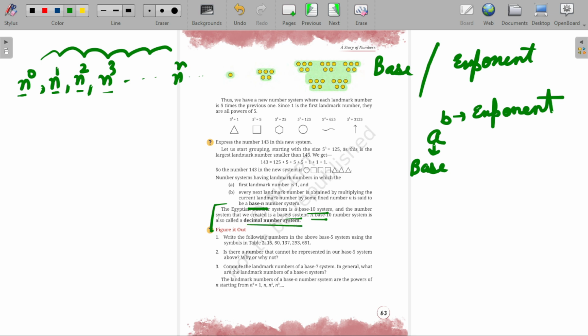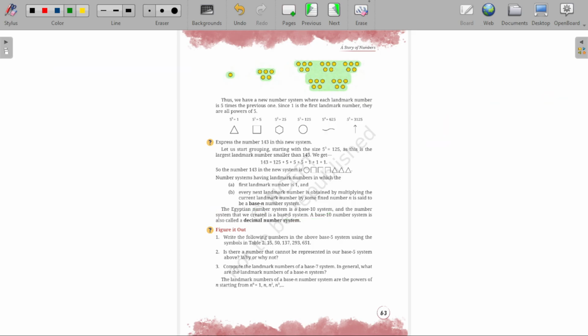Now heading towards the next Figure it Out. Question number 1: write the following numbers in the above base 5 system using the symbols in table 2. This is table 2. Let's do them one by one.